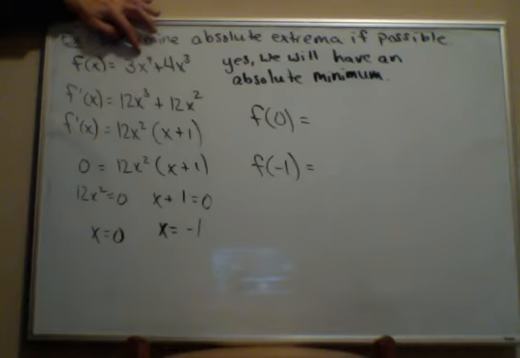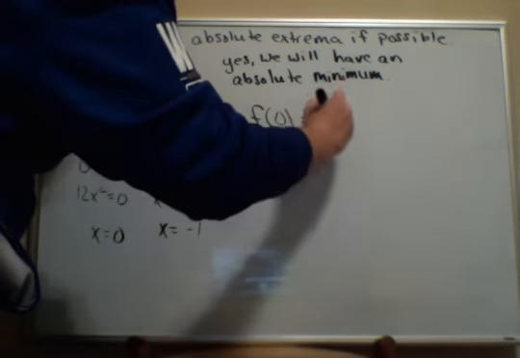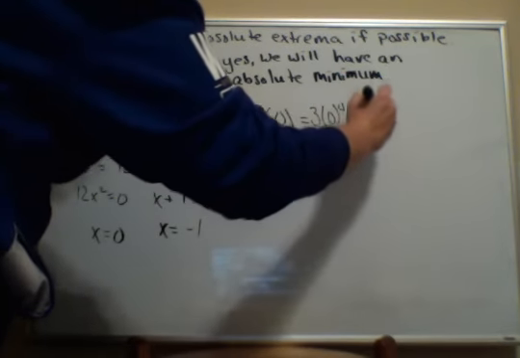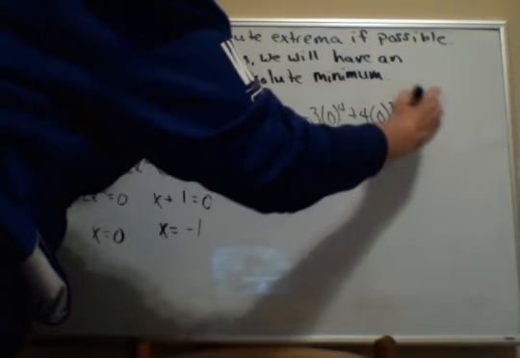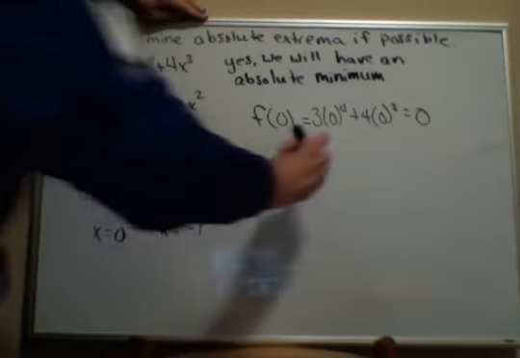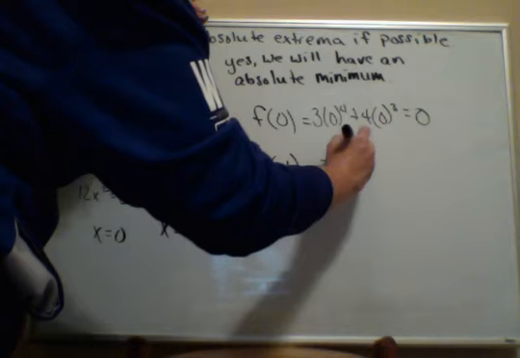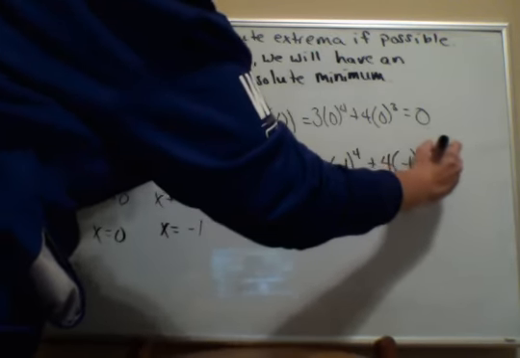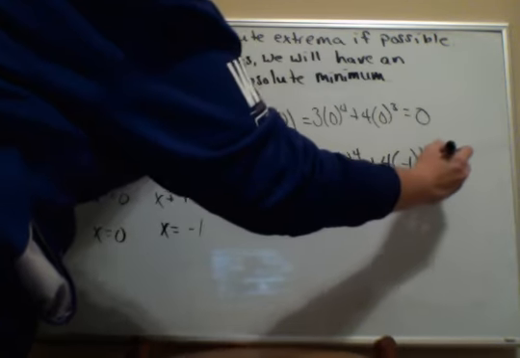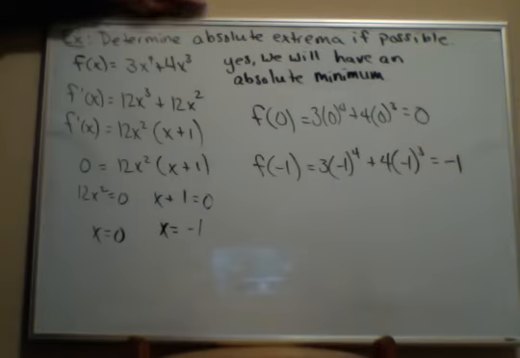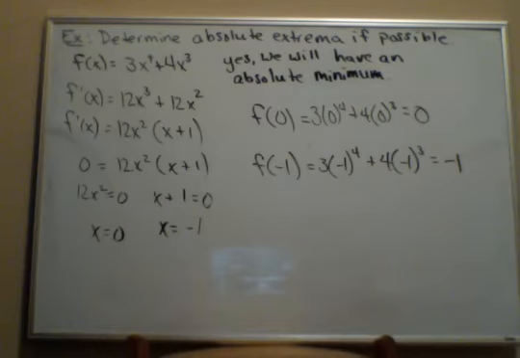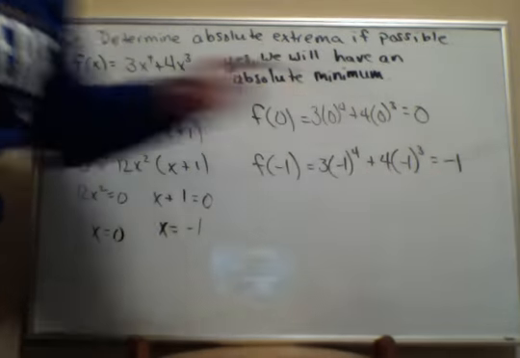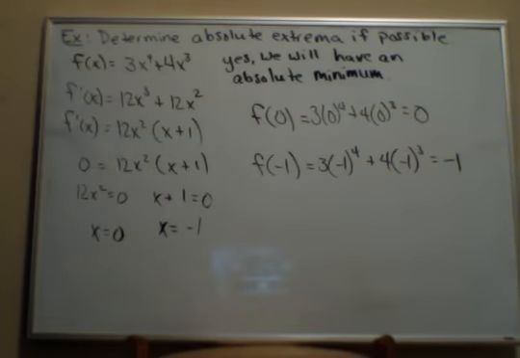Well, when x is 0, 3 times 0 to the 4th plus 4 times 0 to the 3rd is 0. But 3 times negative 1 to the 4th plus 4 times negative 1 to the 3rd is actually negative 1.